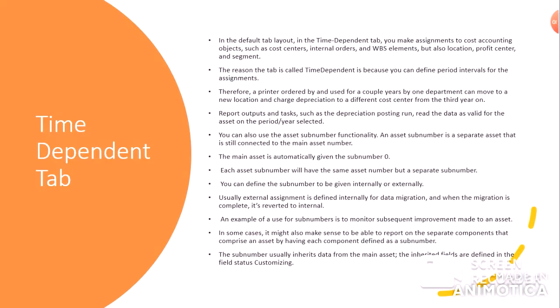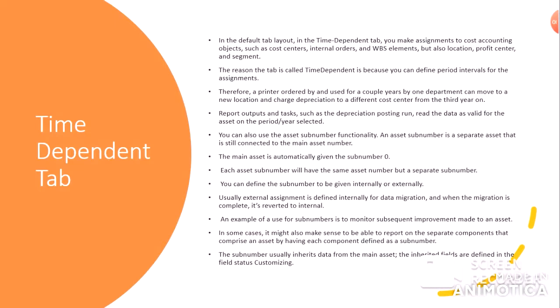In the default tab layout, in the time dependent tab, we make assignments to cost accounting objects such as cost centers, internal orders, WBS elements, and also location, profit center, segment. So we are assigning all the objects related to cost accounting.